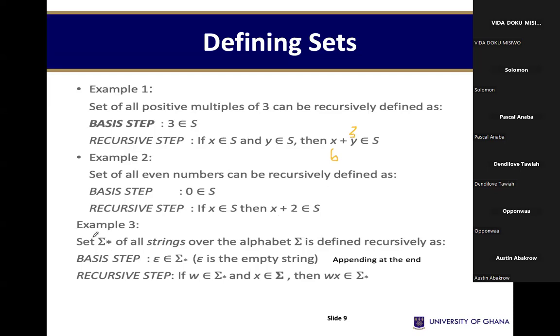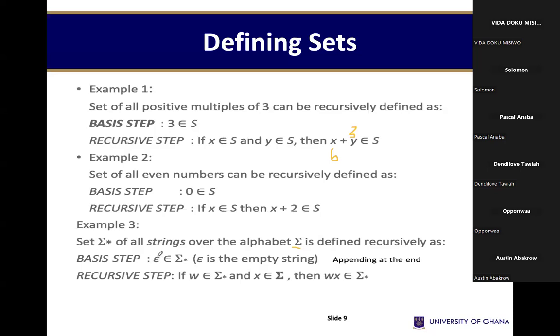Now, the next example also, so that one too is not wrong. If you do that, it's right. The next example will have the set sigma star of all strings over the alphabet sigma, defined recursively as this. So this sigma will be the set of all the alphabets we have, A, B, C, D all the way to Z. And then we have the basic step.